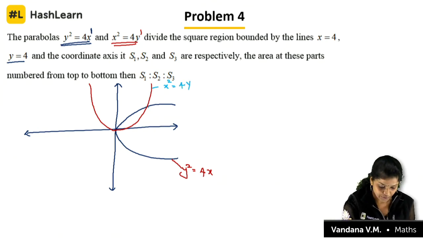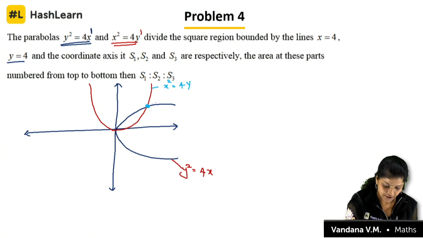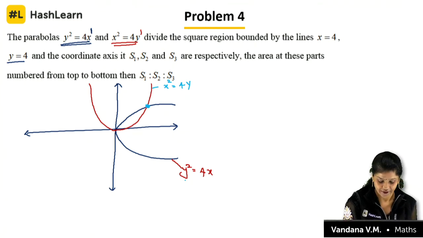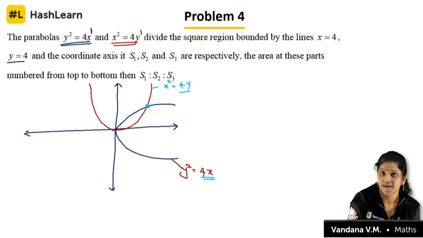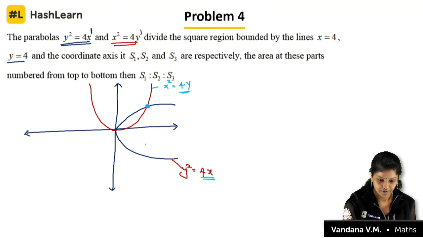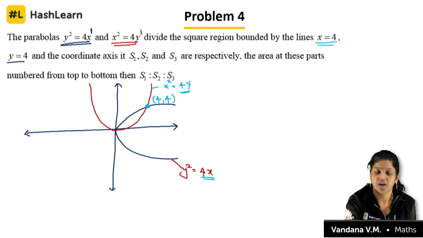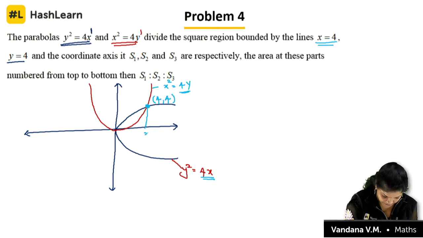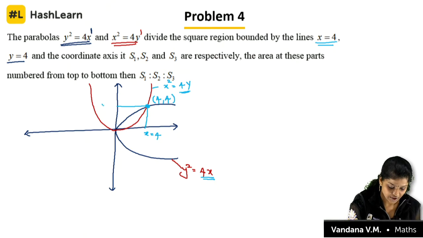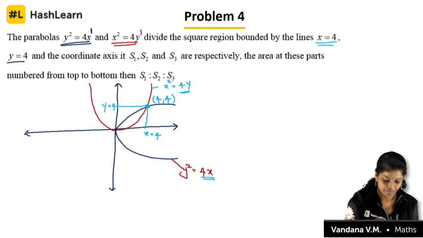We clearly know that this point is 4 comma 4. Now I have to find out the values at x is equal to 4. So this represents x is equal to 4, this represents y is equal to 4.